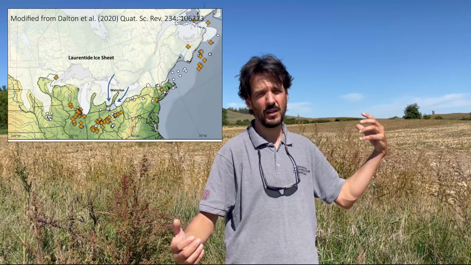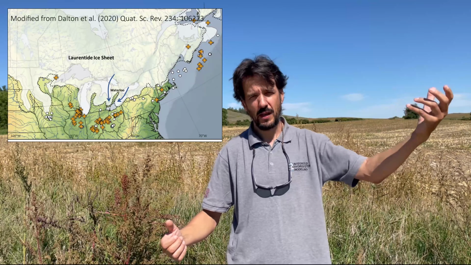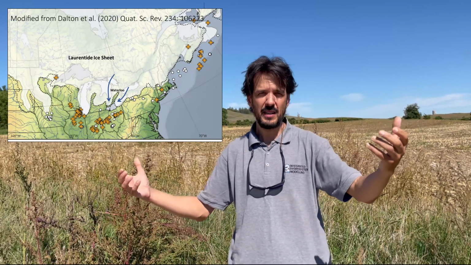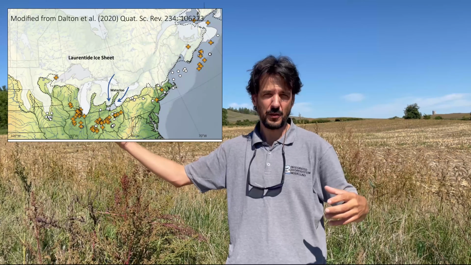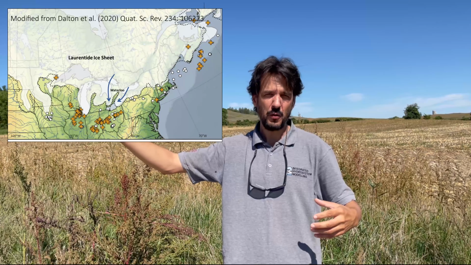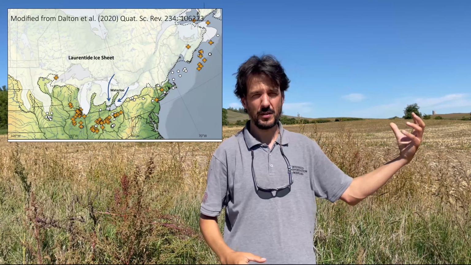there were still big lobes of ice that were flowing along the Lake Ontario basin depressions, as well as Lake Huron and Georgian Bay. So those are called the Lake Huron, Georgian Bay lobes, as well as the Ontario lobes.